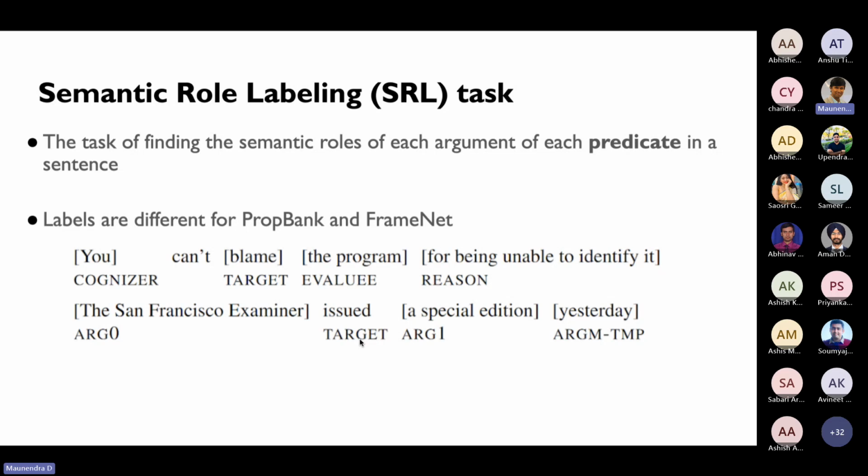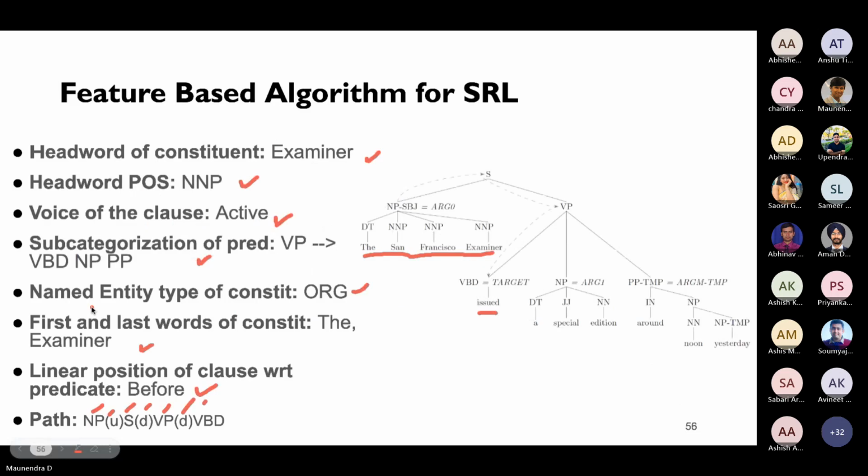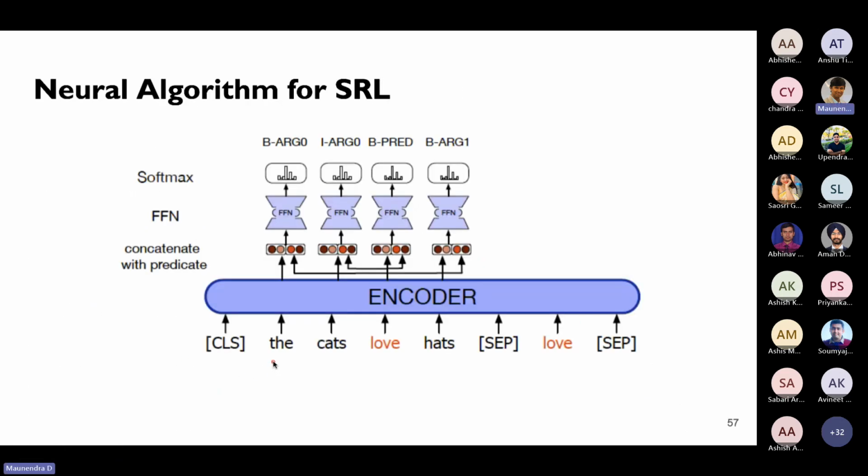You get representation for each word, you pass it through a classifier. Oh, so what will be the input in that case? The input you can construct from here. So this is one sample input. Yeah, this is the sentence. And then this is the predicate. Then for each token, you predict the label. Okay.